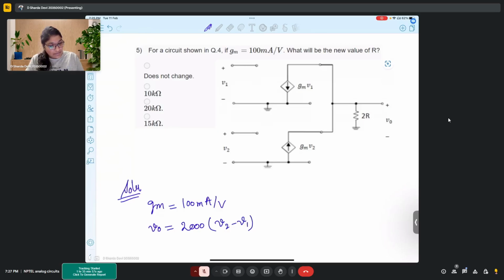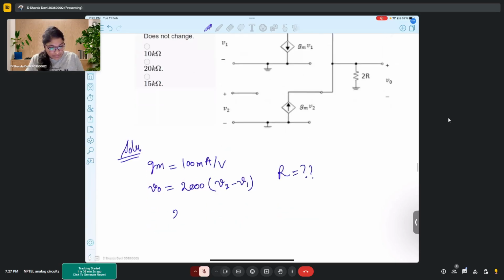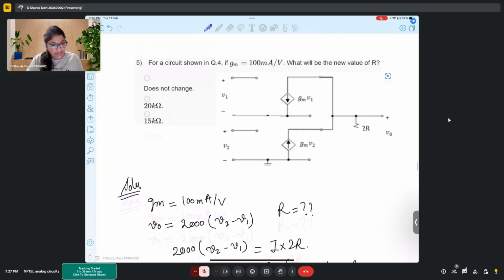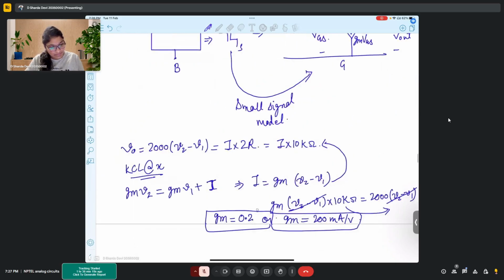So we need to calculate the value of R. So we already wrote down, right? V2 minus V1 equal to I into 2R, where I is GM (V2 minus V1) into 2R, correct? Yeah.